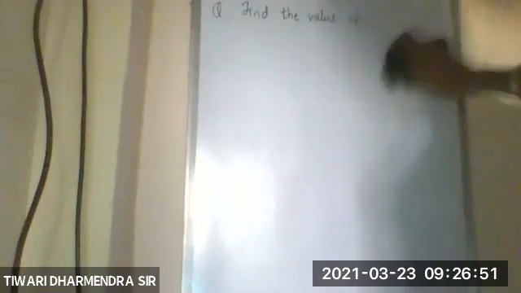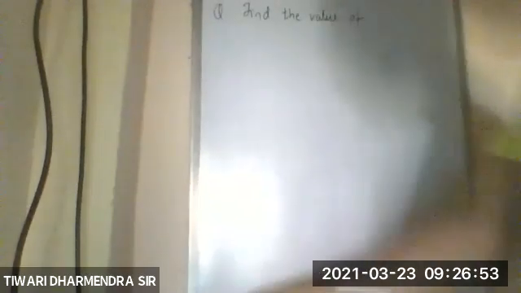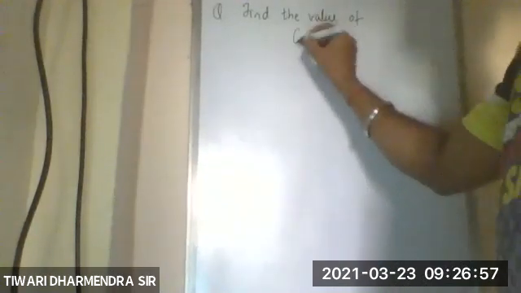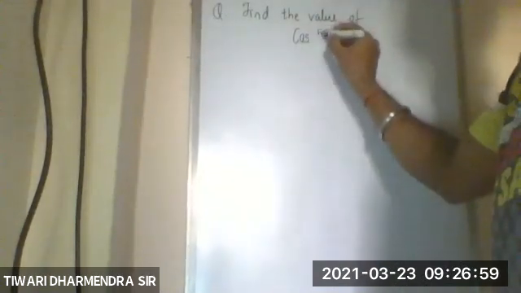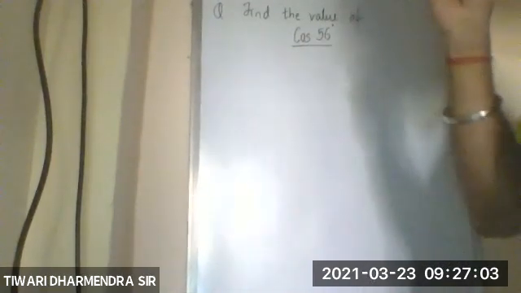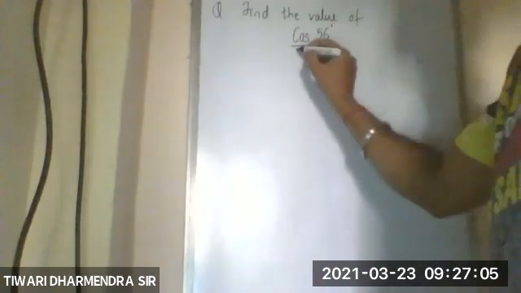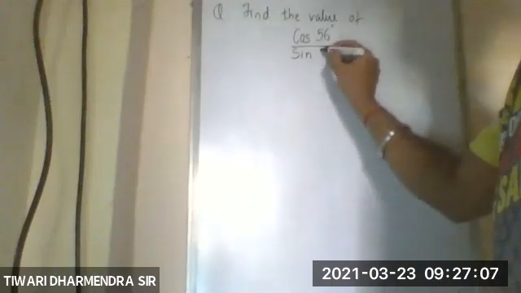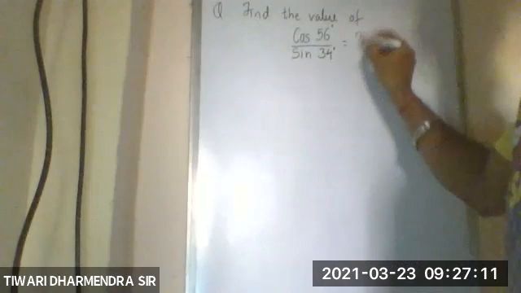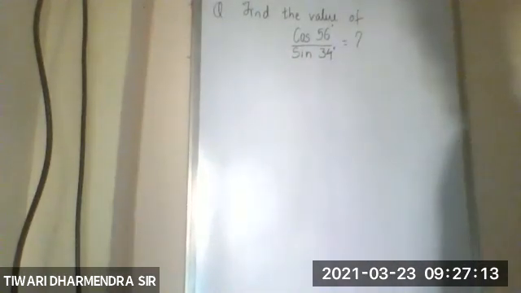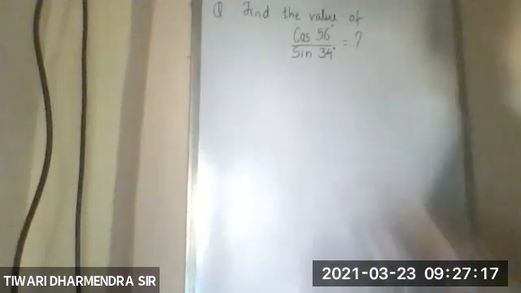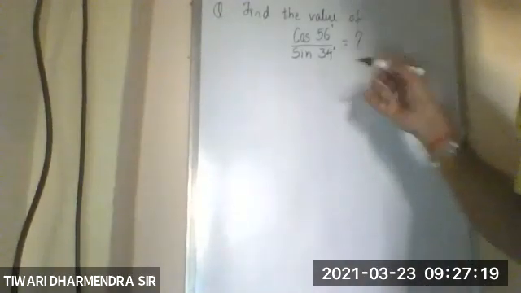Next is, find the value of cos of 56 degree upon sine of 34 degree. We need to find the value of this trigonometric ratio.